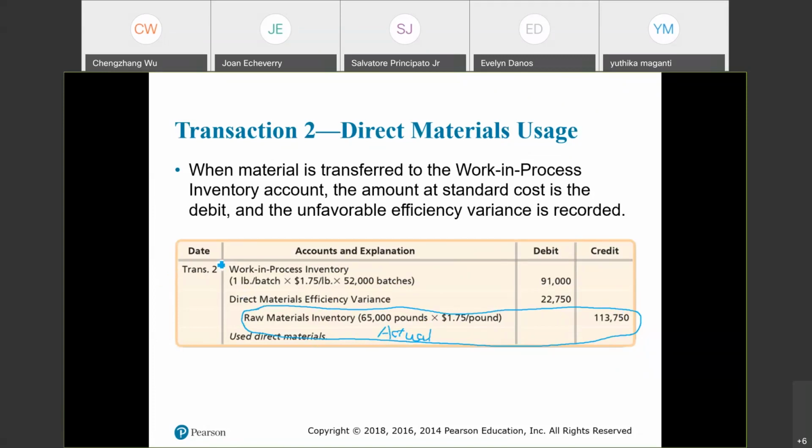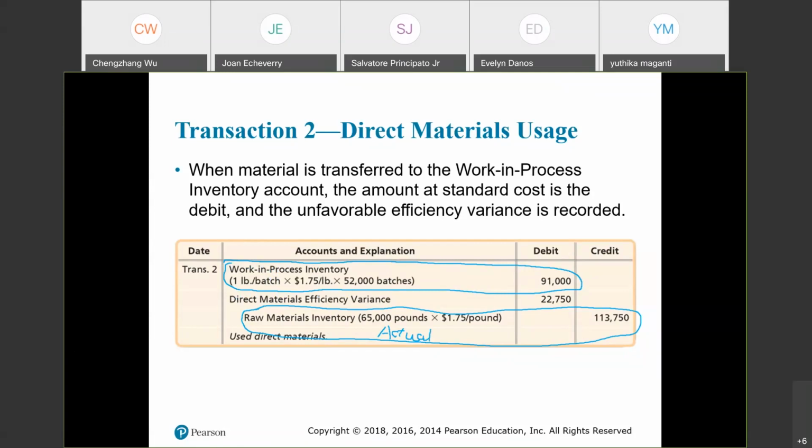The debit account should be work in process inventory. So let's see.